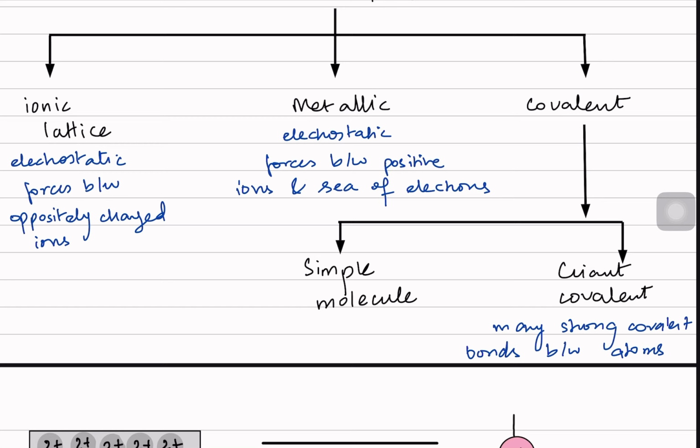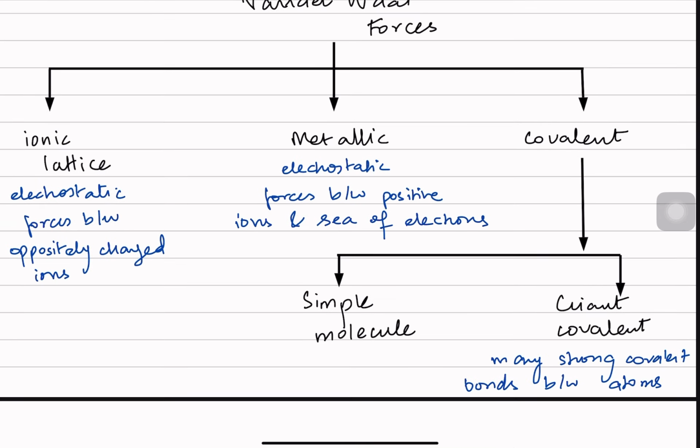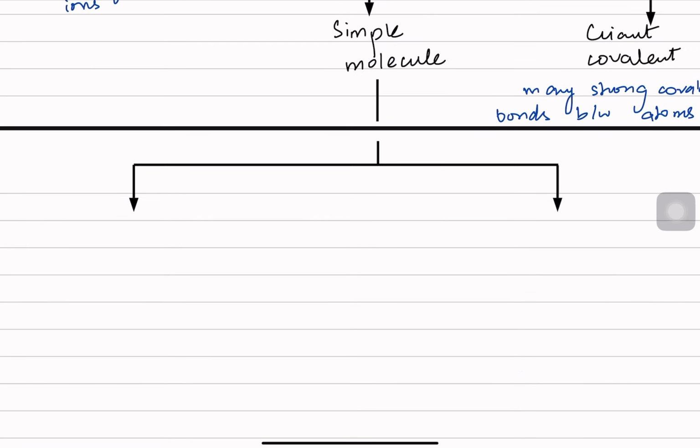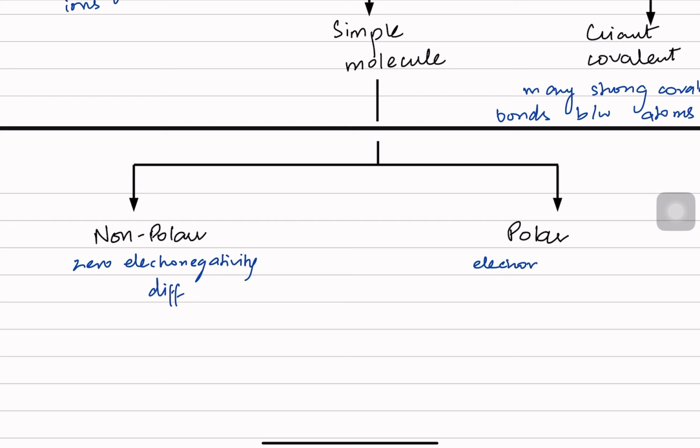So when I talk about simple covalent molecules, then I have a lot of categories. Simple molecules, we are aware, could be one of two things. Those molecules could be non-polar or those molecules could be polar, right? Non-polar by definition means zero electronegativity difference, and polar means there is electronegativity difference.